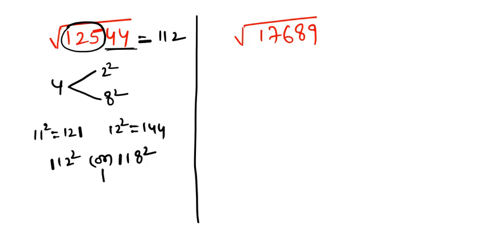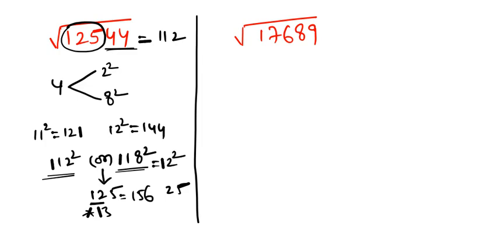Because in between we have 115, where 5 square is 25 and the next number after 11 is 12, so 11 into 12 is 132, giving 13225. The given value is less than that, so it is 112. 118 would give 12 square, which is 144, far away from 125. Directly we can go with 112.